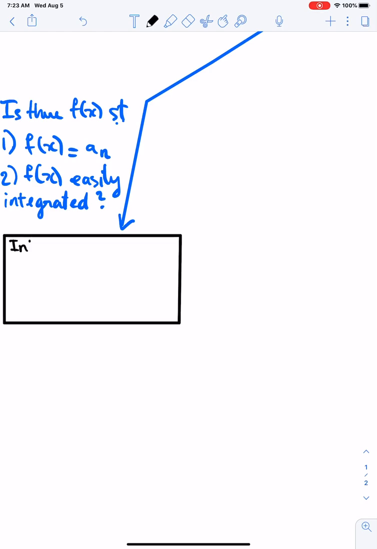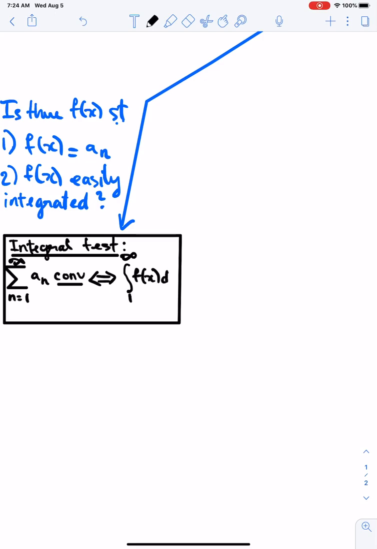So the integral test. What is it? The infinite series from n equals 1 to infinity of a sub n is convergent if and only if the improper integral from 1 to infinity of f of x dx is convergent as well.